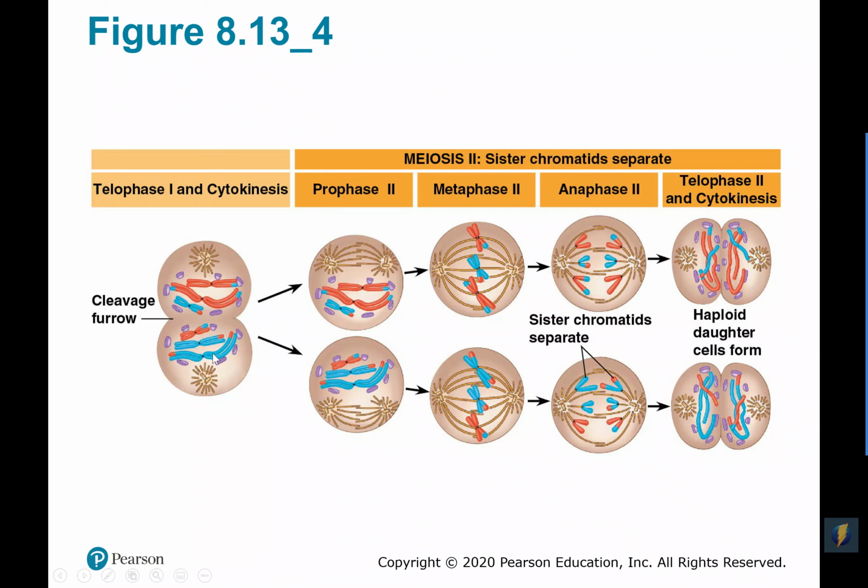And then during telophase 2, it looks very similar to the last phase of telophase in mitosis. The chromosomes start to uncoil, the nuclear envelope starts to form again, and you get cytokinesis, resulting in 4 daughter cells that are genetically distinct from the parent cell and genetically distinct from each other.